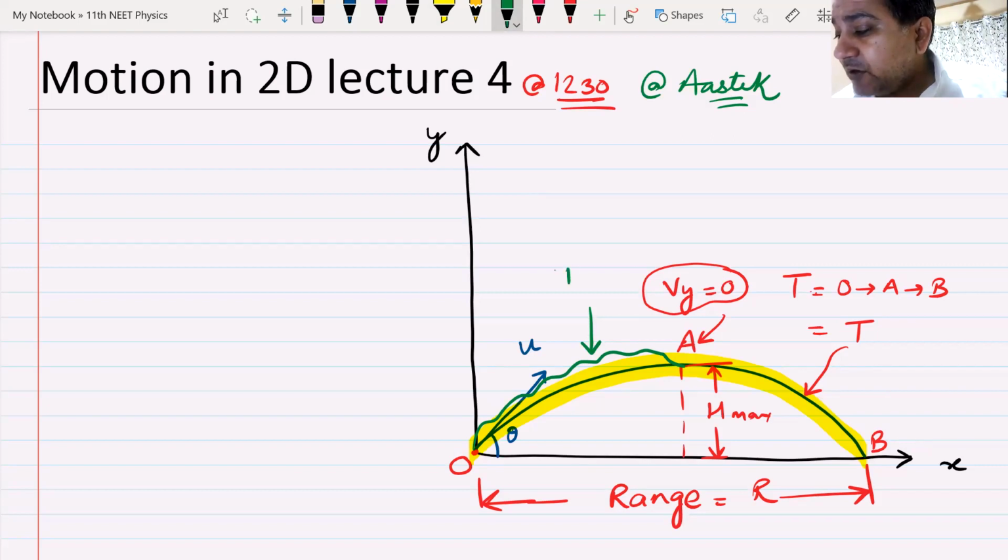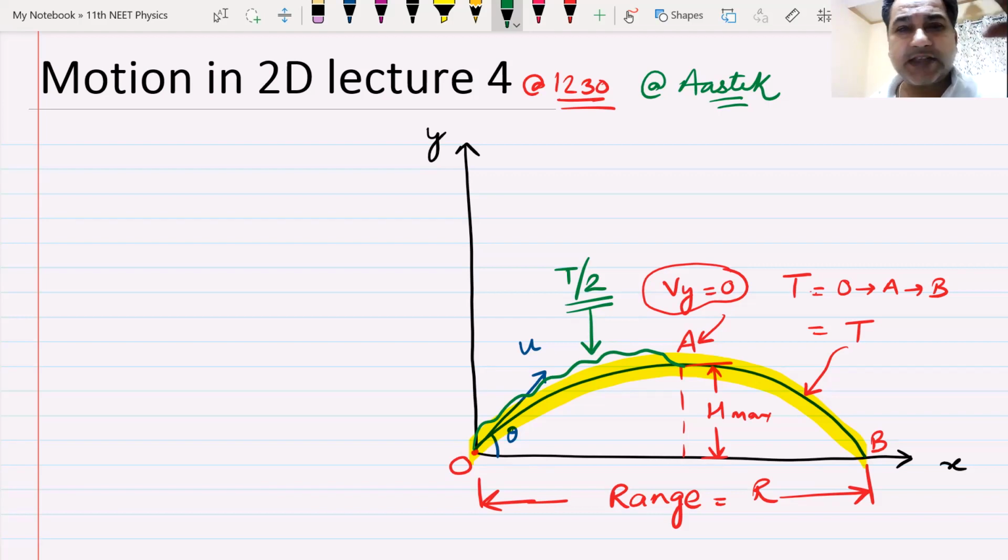It will be the time taken to go up, and that will be T divided by 2. Do we remember this? It will be half of the total time. Yes or no? Total time is time taken to go up plus time taken to come down. Both of them are the same, and hence time taken to go up will be total time divided by 2.